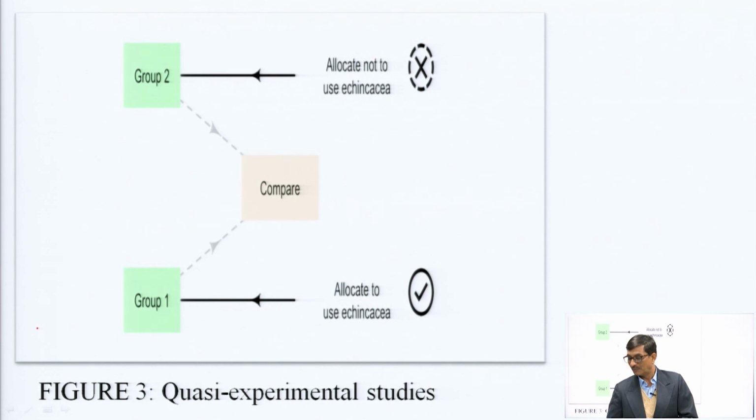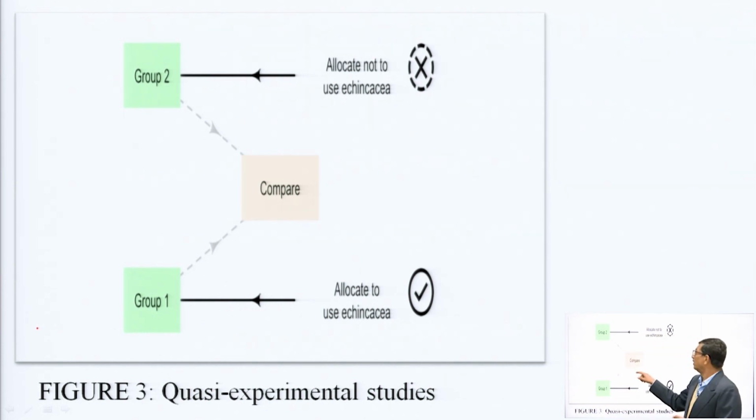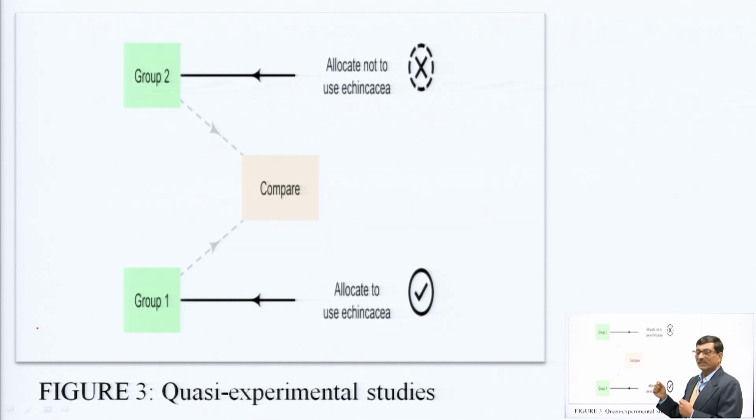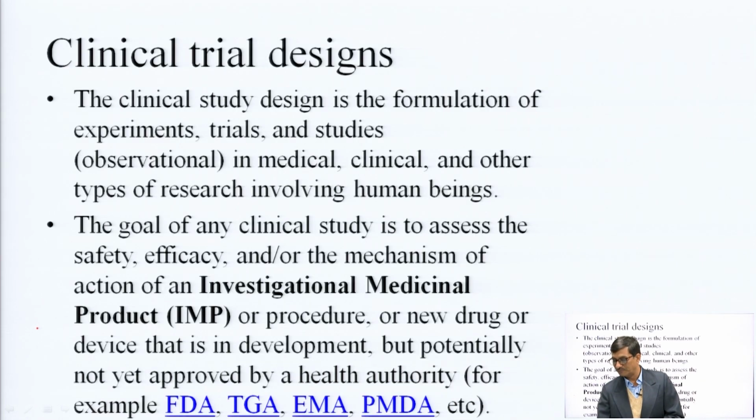So, in this you see we already have two decided groups; we have no people to send to group 1 and group 2. We have two existing groups, and the investigator assigns group 1 to use AKtU and group 2 not to use AKtU, and then compares the results. So, these are the quasi experimental studies.